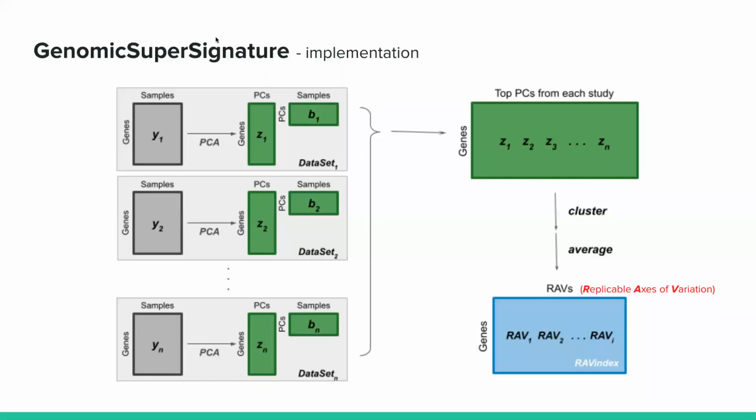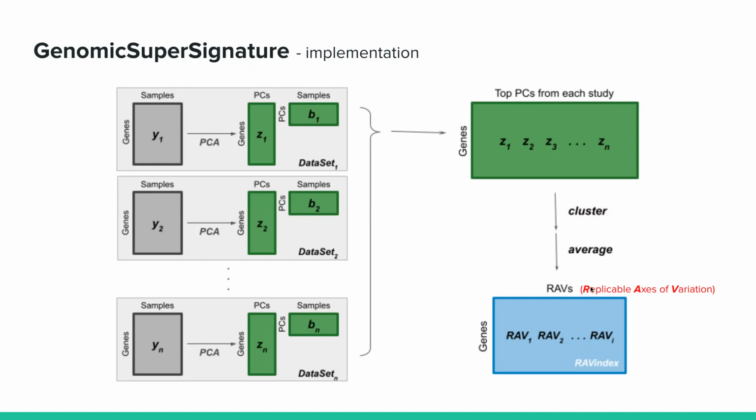So now genomic supersignature. It is basically as I briefly described before, involving a principal components analysis in each data set, taking the rotation vectors from each of these principal components analyses and from each study, and then doing a clustering of those to get what we finally settled on calling RAVs, for replicable axes of variation.